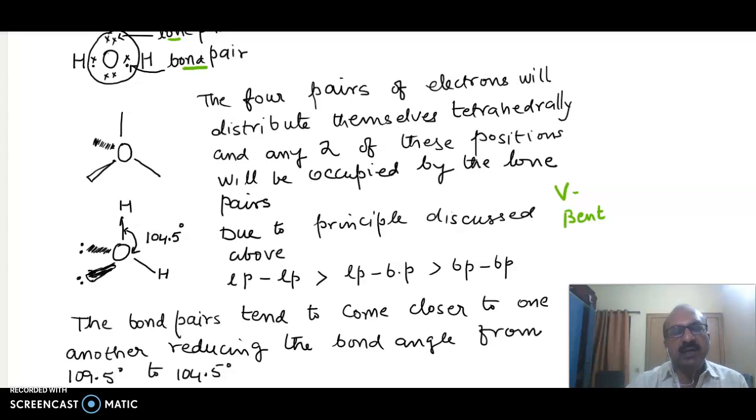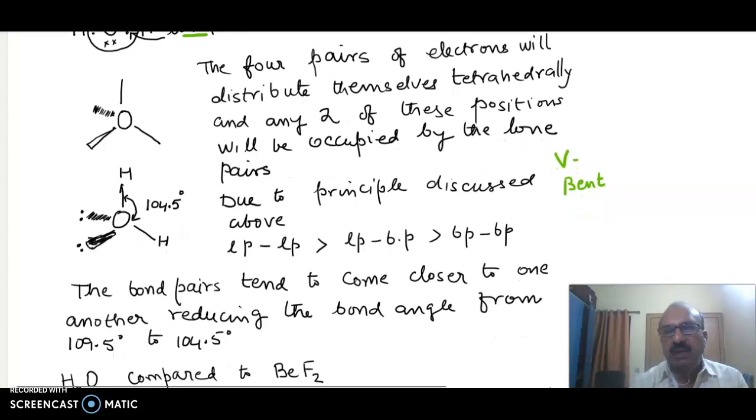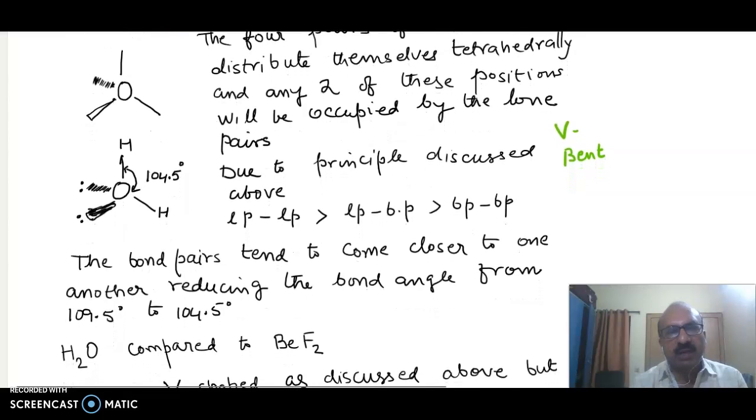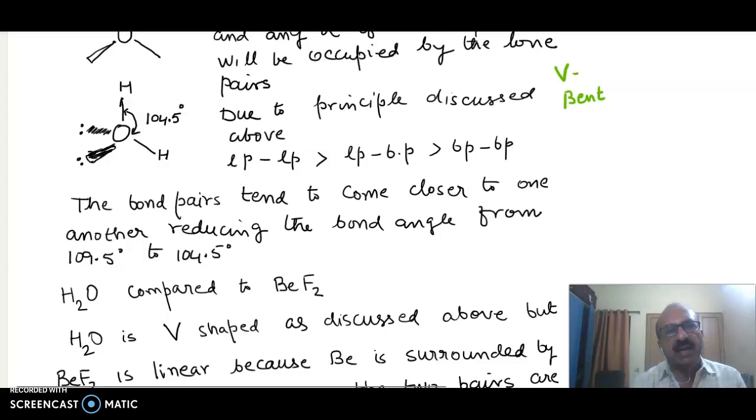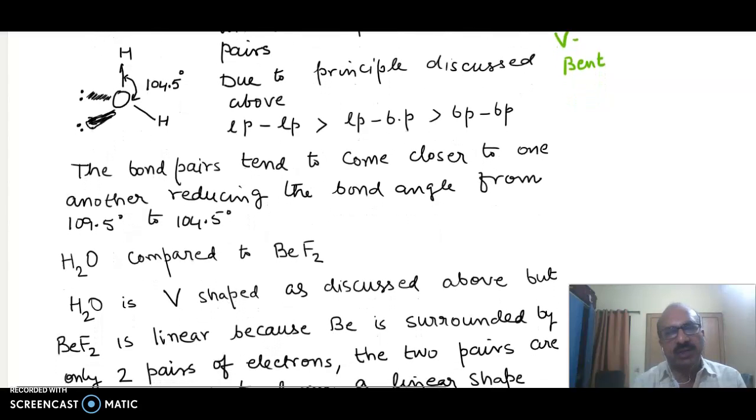In ammonia it was 107 degrees. Now it is further reduced because there are two lone pairs and becomes 104.5 degrees. So this is how we know that the water molecule is V-shaped, and its physical and chemical properties point to the fact that they can only be understood provided that water is a bent-shaped molecule.